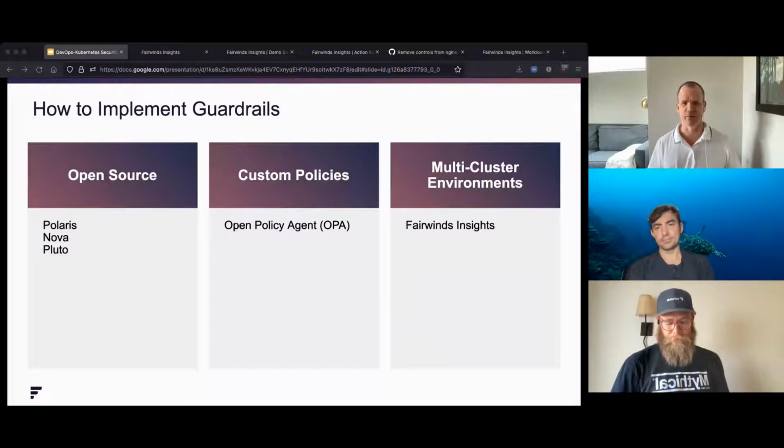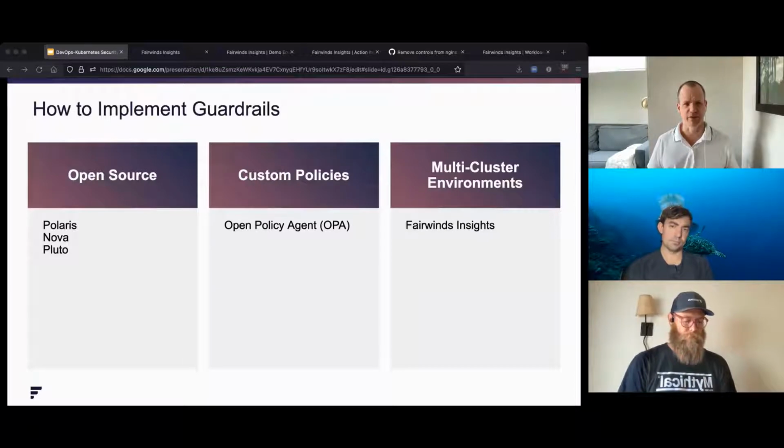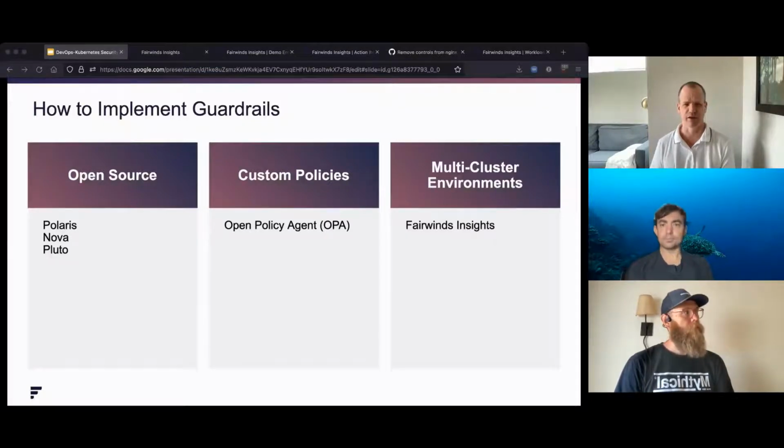Yeah, absolutely. So we've got a lot of really cool open source that you should also check out if you aren't already familiar with it. And I'll talk briefly about three of them. So Polaris is a tool that can be used in all those modes that Robert described as a policy enforcement tool in your Kubernetes cluster. It can run in CI and give you an audit of things.